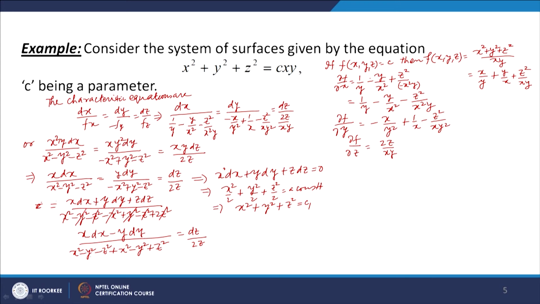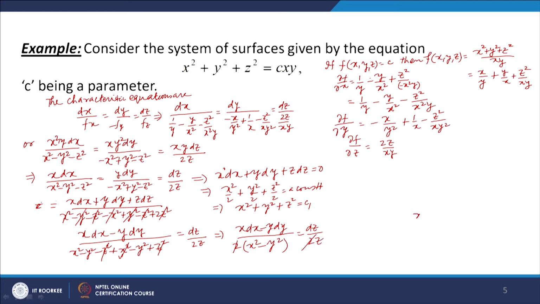Okay, so what do you get? This will add up, z square cancels, so this will give you x dx minus y dy over 2 times x square minus y square equal to dz over 2z. Okay, so this cancels with this, and what do you get?